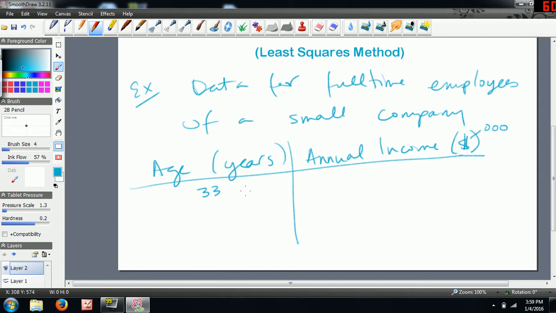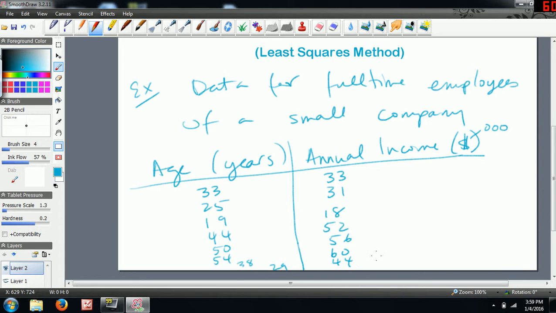So the first person is 33 years old and they make $33,000. 25 years old, person makes 31,000. 19 years old, they make 18,000. 44 years old, and they make 52,000. 50 years old, and the person makes 56,000. 54 years old, and the person makes 60,000. 38 years old, and they make 44,000.